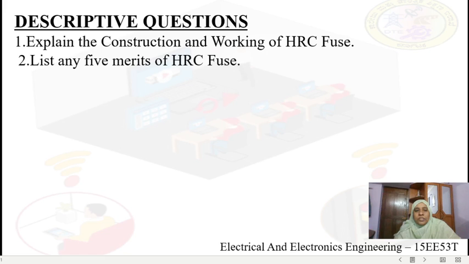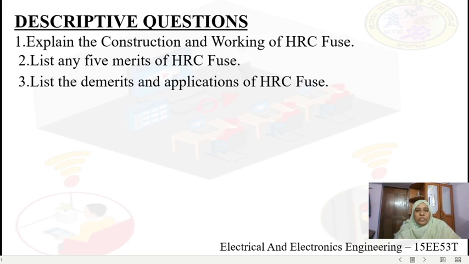Coming to the next question, list any 5 merits of HRC fuses. We have listed more than 5. We can choose any 5 and write them when this question is asked. It is a 5 mark question, so each merit carries 1 mark. With 5 merits, you will score 5 marks.